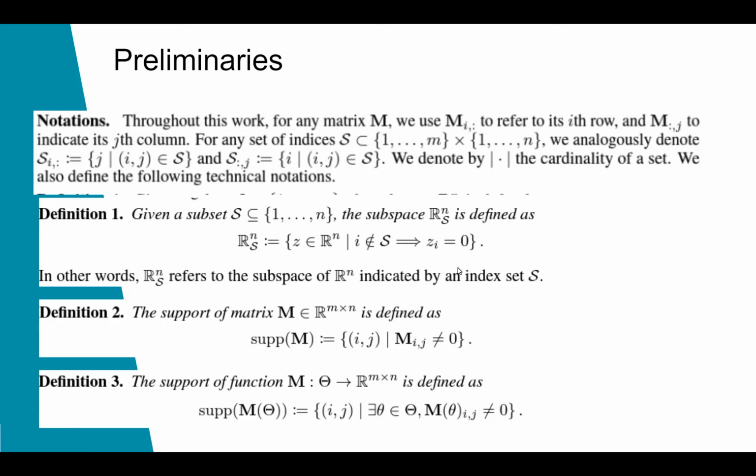It's just the way they zero out entries. Yeah, it's weird, they have a lot of definitions and notations. It's R^n, so it's a vector. The support of the matrix is basically the set of coordinates of the matrix which are non-zero.